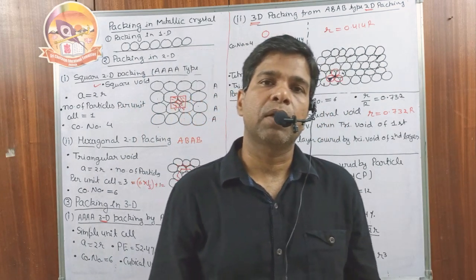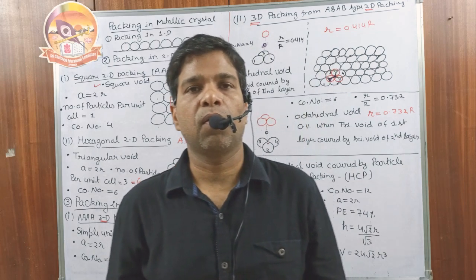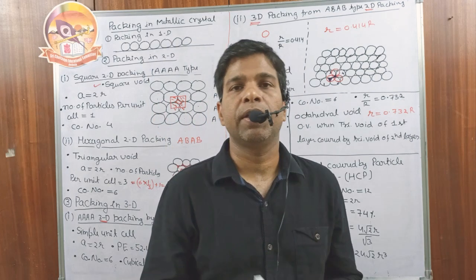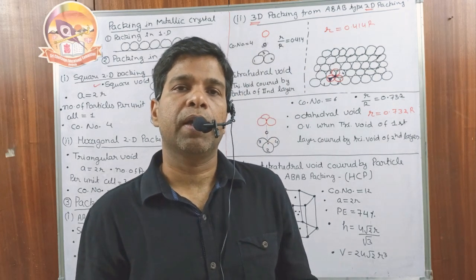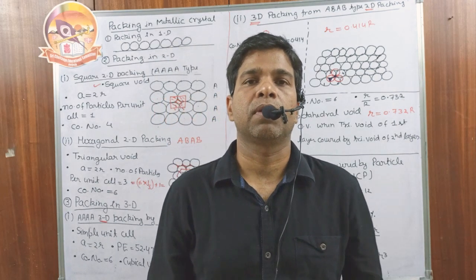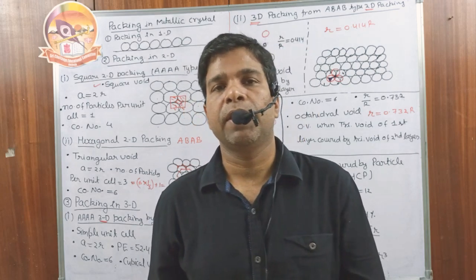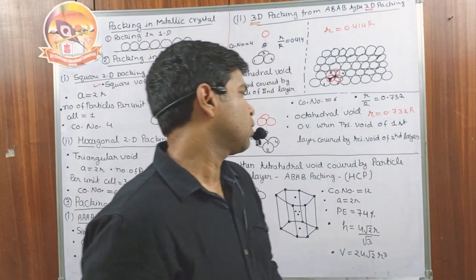If the particle of the third layer is placed on the tetrahedral void, that gives the AB 3D packing, that is the hexagonal close packing.